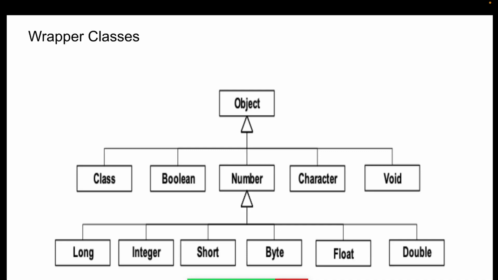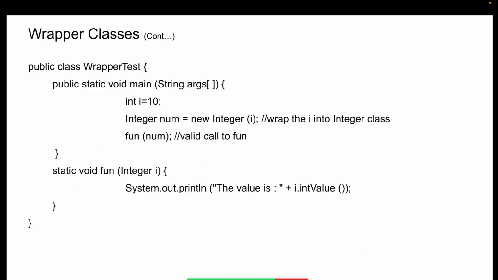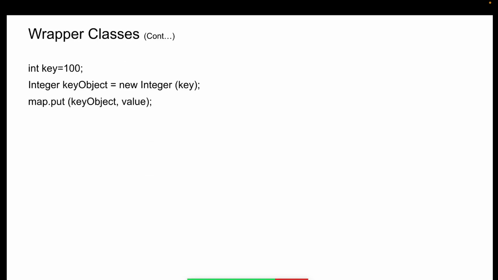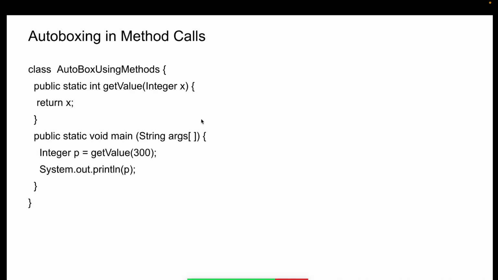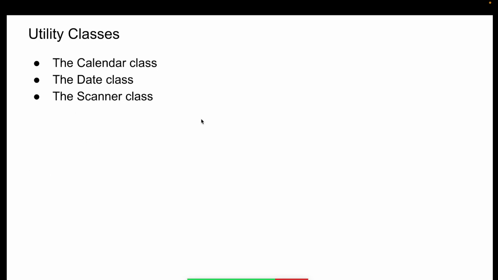Wrapper classes are heavily used there, so that is why I needed to cover this. There's nothing much in great detail apart from unboxing and autoboxing. It means you can convert a primitive data type to a wrapper class, and you can convert your wrapper class object to a primitive data type. That is basically autoboxing and unboxing. So this was about wrapper classes.